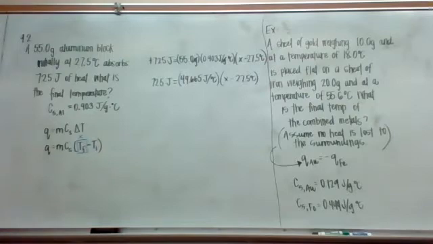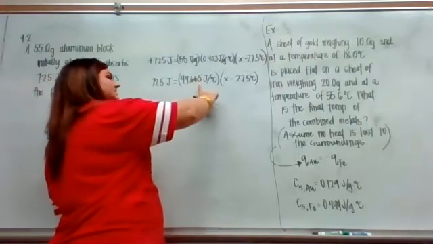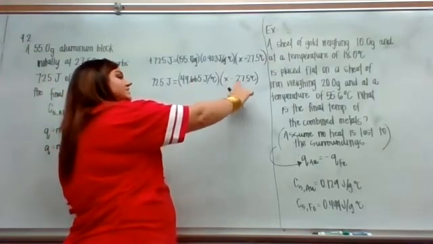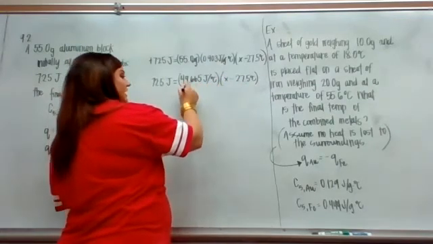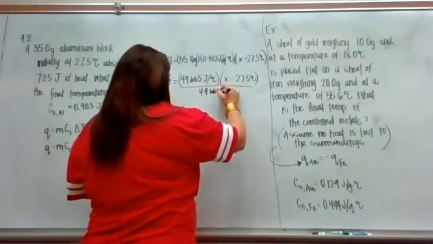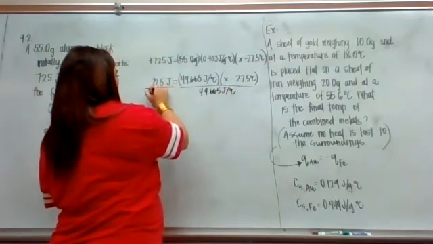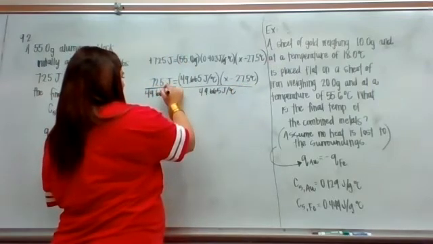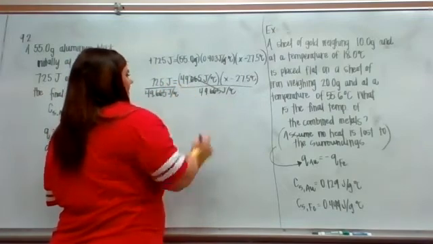Okay, now from here, I can do one of two things. I could distribute this 49.665 to both of these terms, or I could just divide both sides by 49.665. So that cancels.